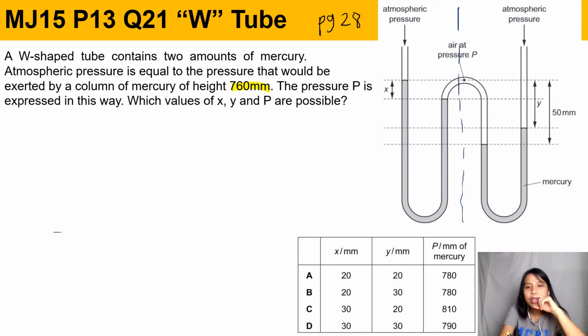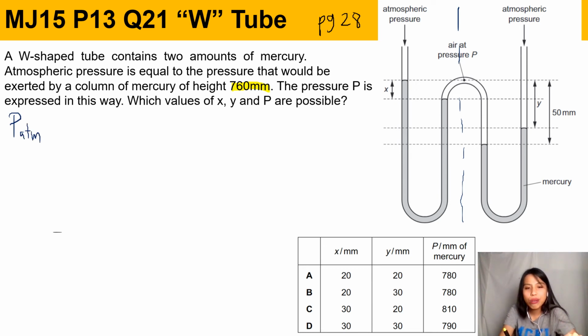You can say, will atmospheric pressure cancel out? No, because on the right side of your U tube is air pressure stuck here, not atmospheric pressure like before. If it's just an actual U tube with atmospheric pressure on both sides, then you can ignore that. But this one we cannot. So on the left side, we have atmospheric pressure.